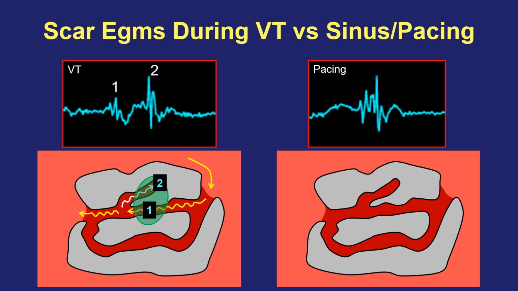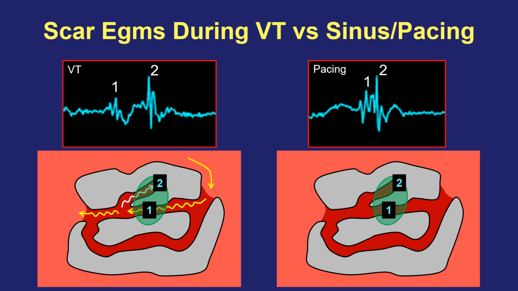This is what that might look like, where you have a wavefront coming into the entrance of the scar, traveling through, let's say, a critical isthmus and hitting site 1 first, that's reflected here, and then coming around the bend into, let's say, an adjacent bystander and hitting site 2 second after a little delay.